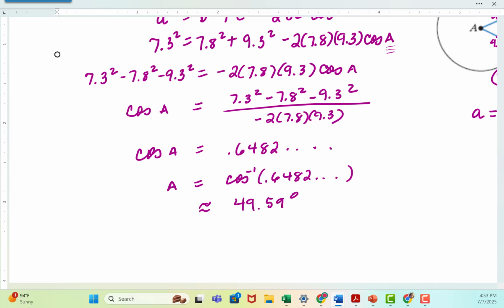And they ask us to round it to the nearest whole degree. So we would say 50 degrees.